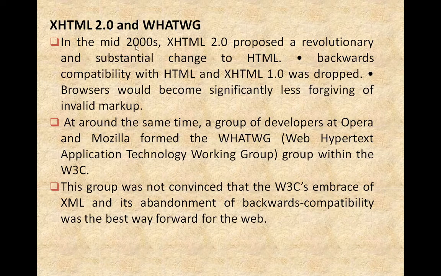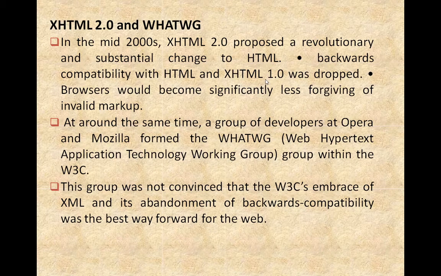In the mid 2000s, XHTML 2.0 proposed a revolutionary and substantial change to HTML. Some changes were brought into XHTML 2.0. The first change was that backwards compatibility with HTML and XHTML 1.0 was dropped. That means if you have written code using HTML and used some more rules of XHTML 1.0, changes from HTML to XHTML 1.0 were allowed.